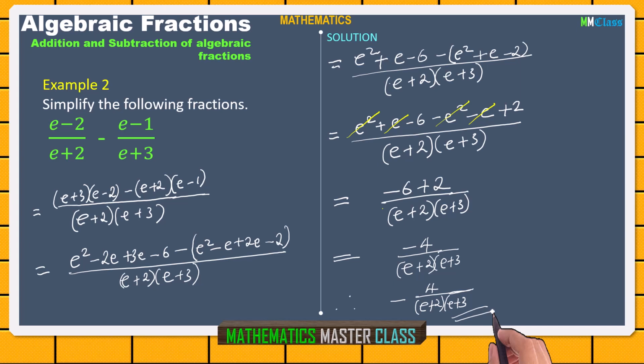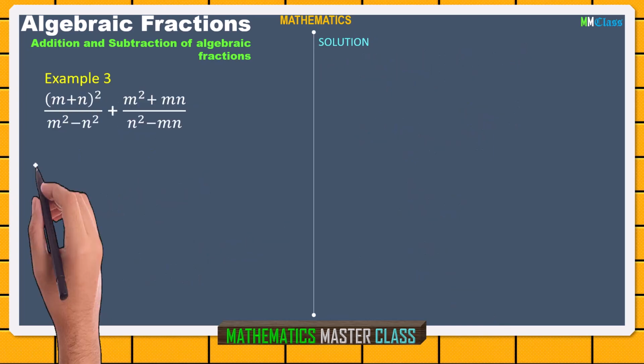Now let's consider a more difficult example, like question 3. Open bracket (m plus n) close bracket square all over m square minus n square, plus m square plus mn all over n square minus mn. So let's start.